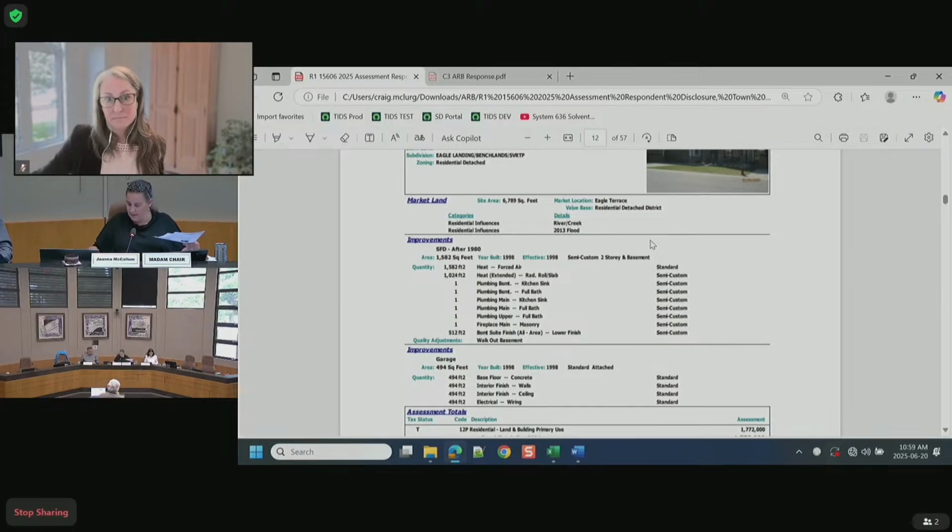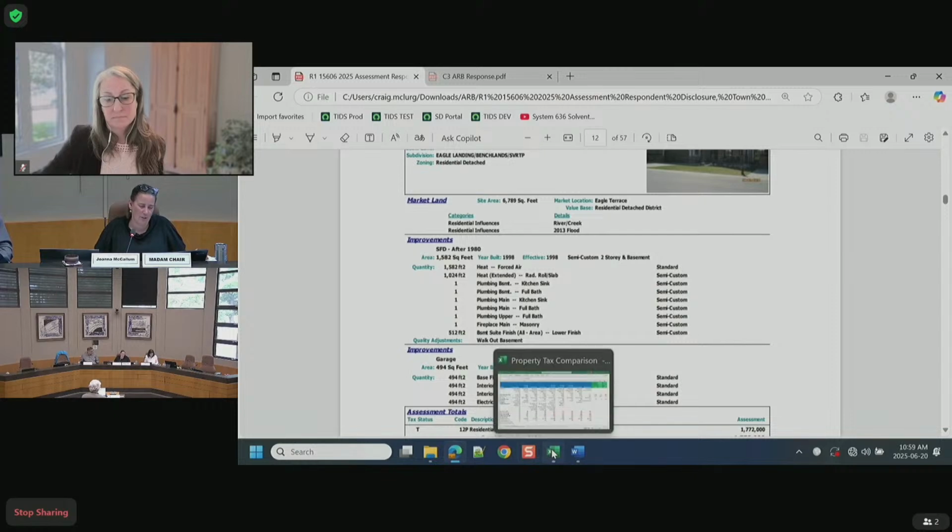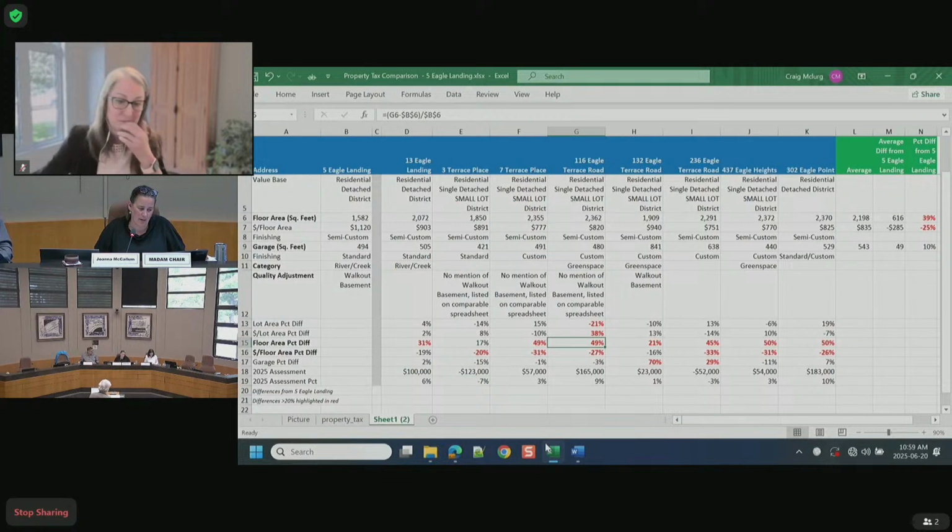Correct. I know that you had another question, and I was wondering where that would fit in the process. Before we move into the rebuttal evidence, the complainant can ask an additional question based on the evidence that you brought.